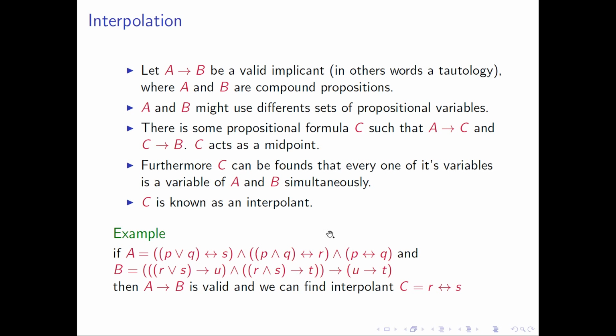Okay, so A implies B is a valid tautology. So it means we can find an interpolant.